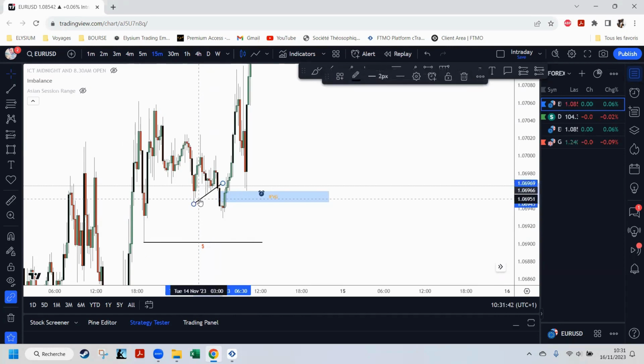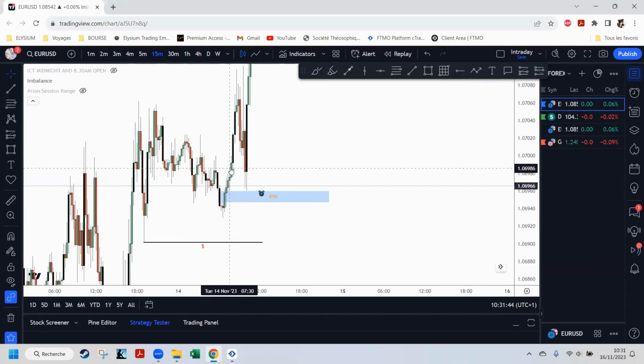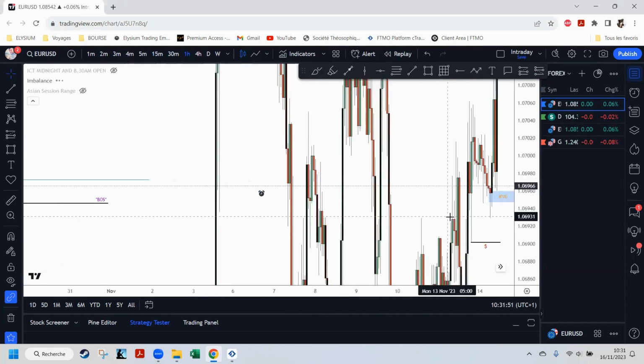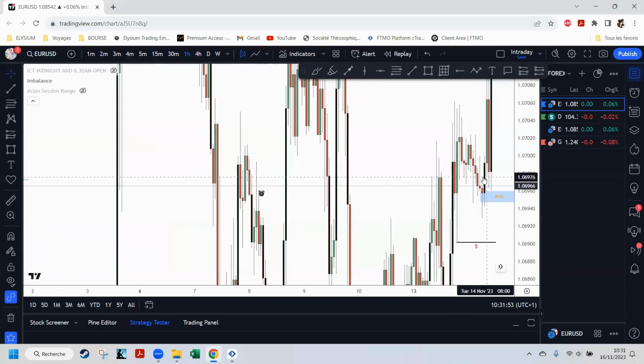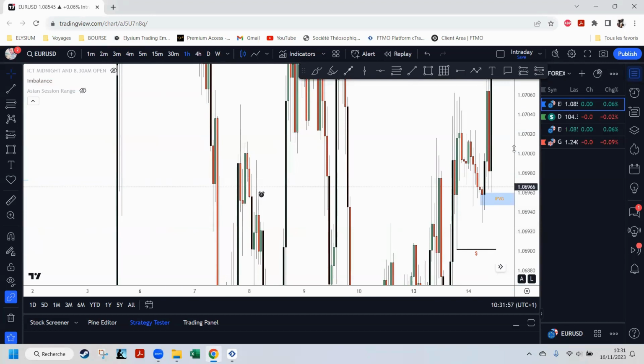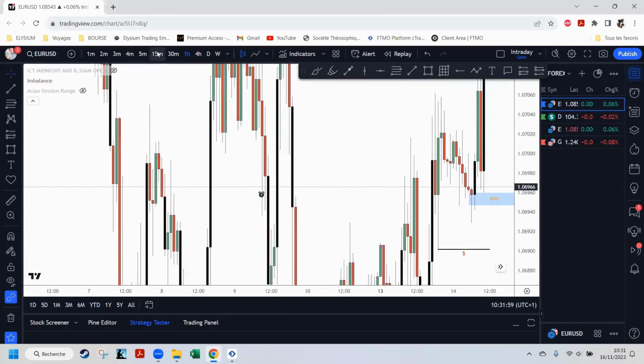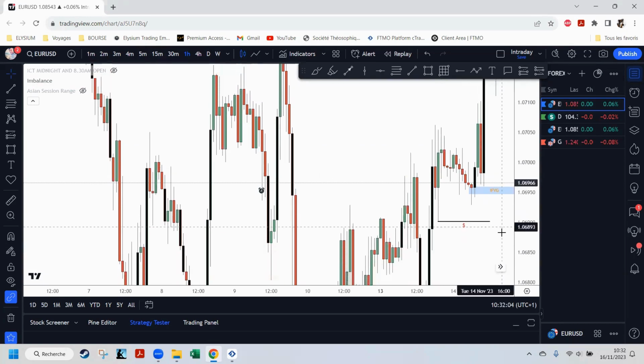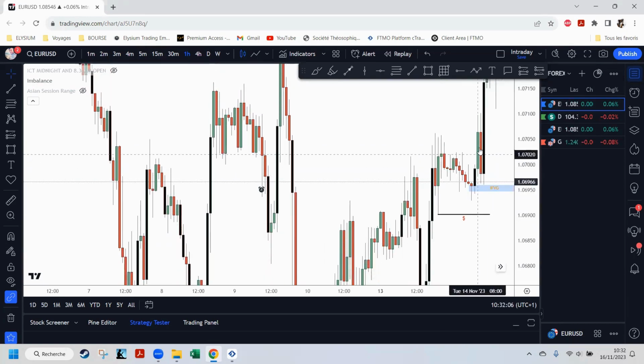And so here, as you can see, there was no real fair value gap, nothing clean. On the 1 hour, you had a fair value gap and an order block, etc. But still, for me, this fair value gap is not really significant, even though it led to a break of structure.